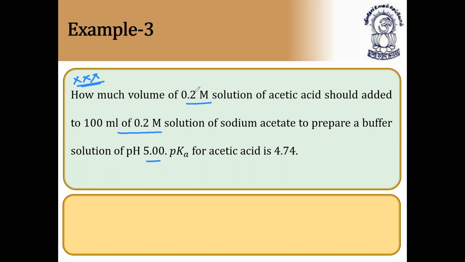So in this case, what is the formula you are going to apply? I'll just write the formula now. Please note down. pH is equal to pKa plus log of molarity of salt into volume of salt by molarity of acid into volume of acid.